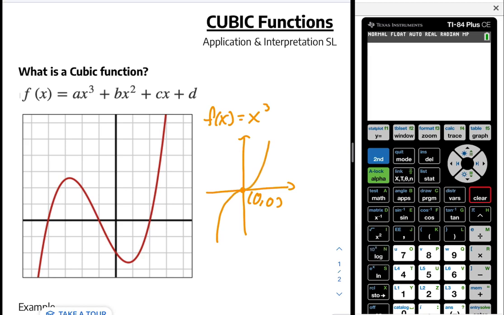So for a cubic we have something like a quadratic, but instead of being symmetrical, the other part is going up. That's one way we can see a cubic. There's always going to be one part going towards negative infinity, and the other part going towards positive infinity. In this video, we're going to go through two main examples that the IB uses for cubic functions.